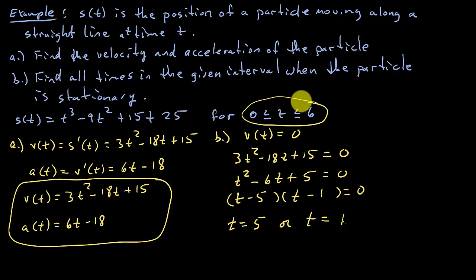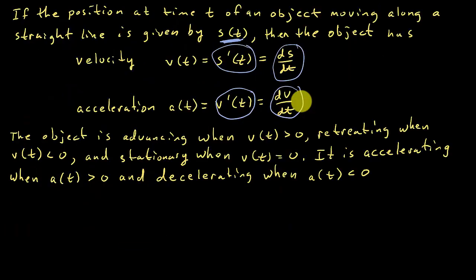Now, one other thing I want to mention is the units. I didn't really talk about that, but I do want to come back up here and mention the units. So let's just say that the position is measured in meters and the time is measured in seconds.